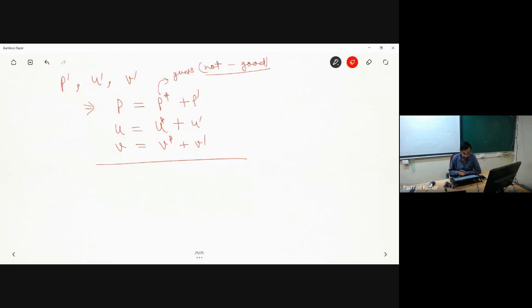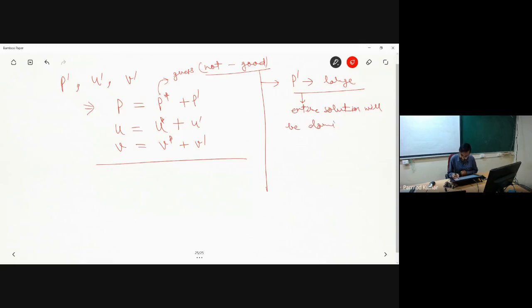Correction will be large. So if our initial guess is not good, in that case the p dash term will be very large. If p dash term is large, it means our entire solution will be dominated by p dash.